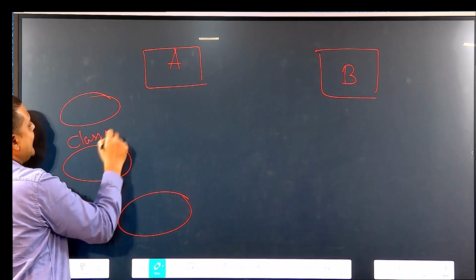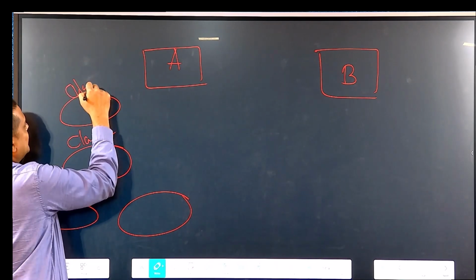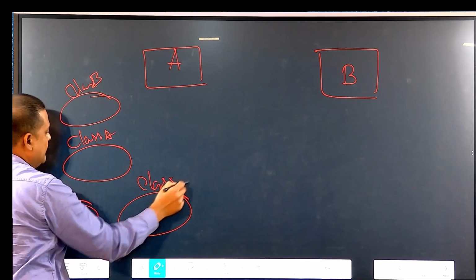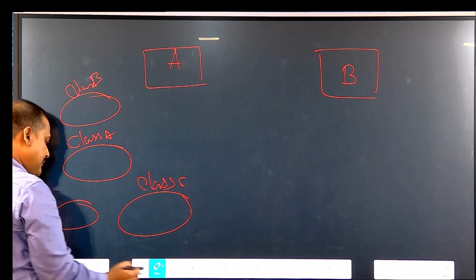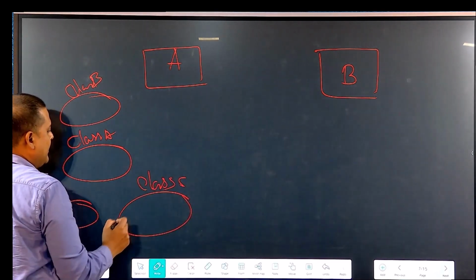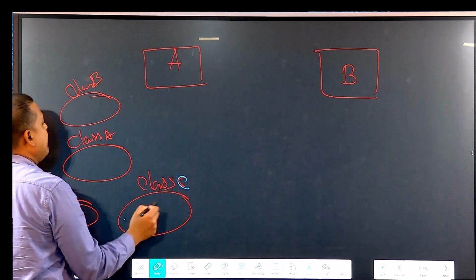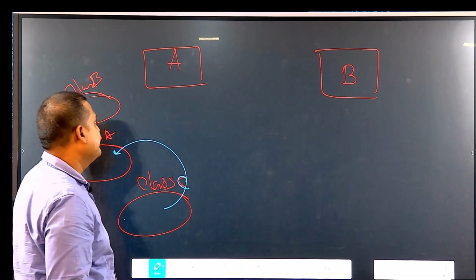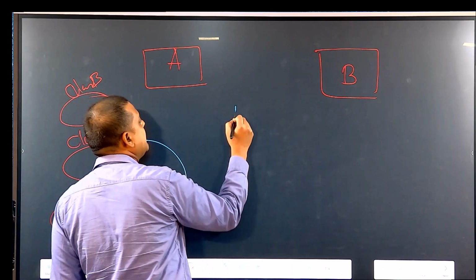This is class A, this is class B, this is class C, and so on. So, if class C is trying to access some member of A, then how will we access it? There are basically three ways.